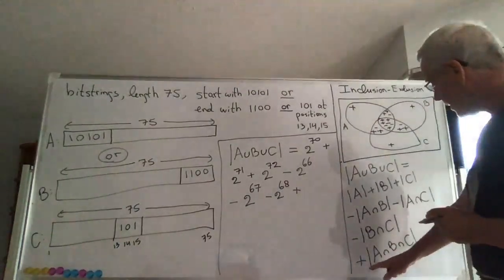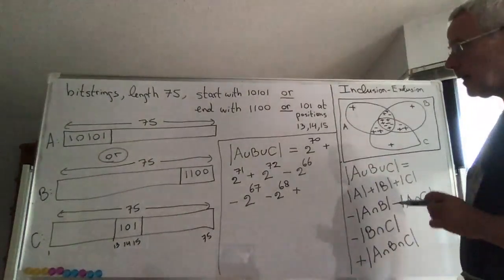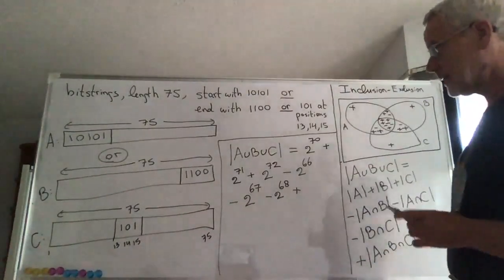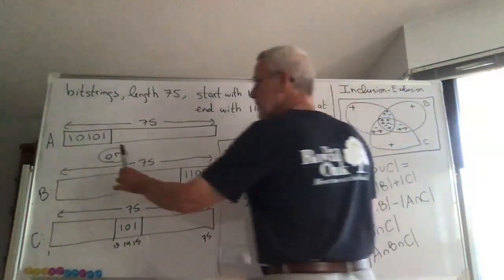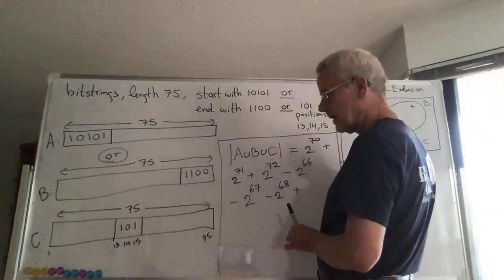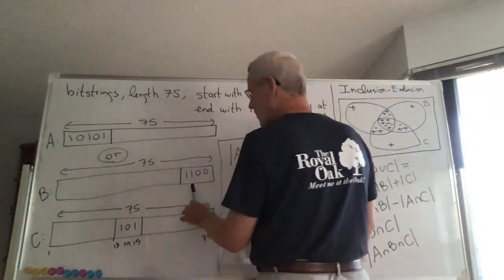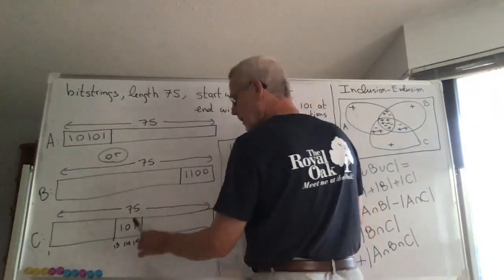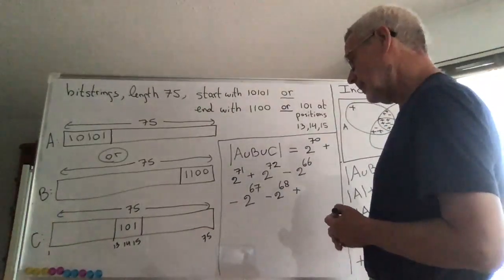And finally, we have to add all strings that are in A and in B and in C. So if you are in A and B and C, that means the total number of bits that are fixed is 5 plus 4, which is 9, plus 3, which is equal to 12.